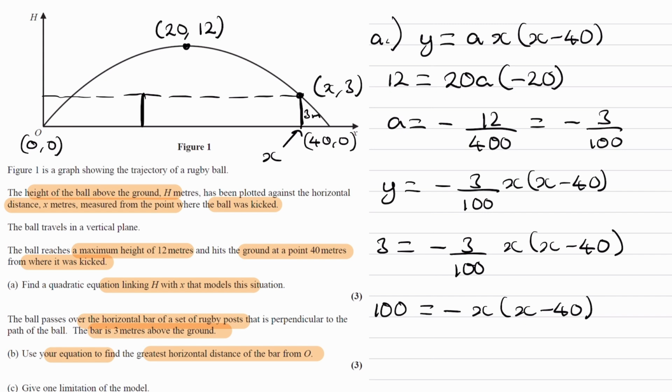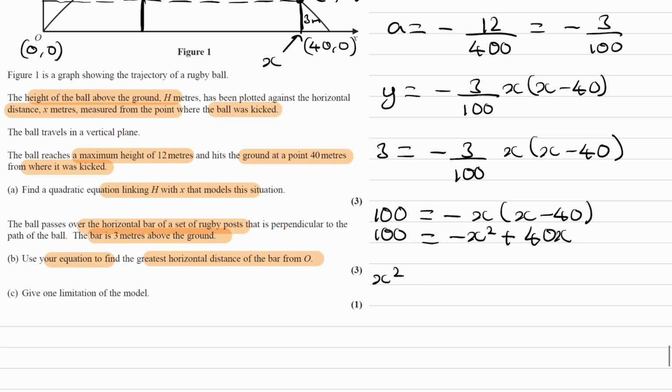Expand the right-hand side: this is minus x squared plus 40x, and then I'll bring everything to the left-hand side. So it becomes x squared minus 40x plus 100 equals 0. That doesn't factorize nicely, but we can put it in the quadratic solver, and that gives us x is equal to 20 plus or minus 10 root 3.